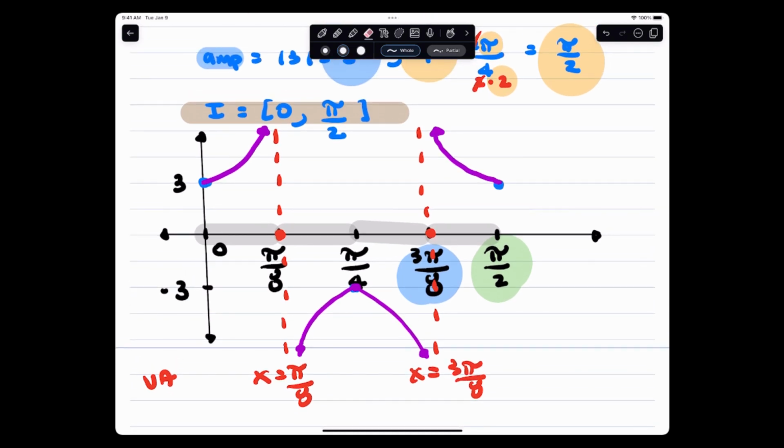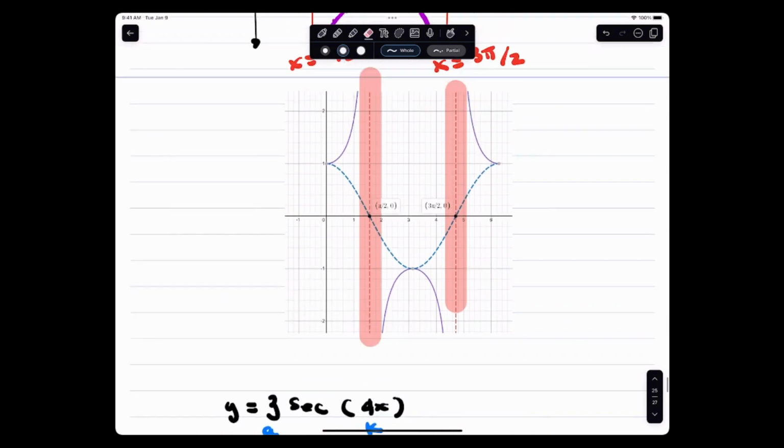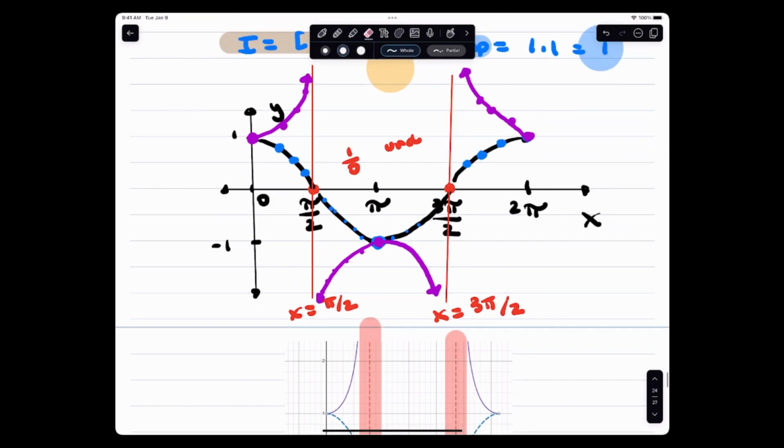Easy peasy. Lemon what? Squeezy. So that's the key. You just have to graph your what? Your cosine curve, and then you get the secant curve free. Freebie. That's it. Draw the vertical asymptotes and then do what? Sketch the curve. So you definitely want to know that pattern there, for secant.